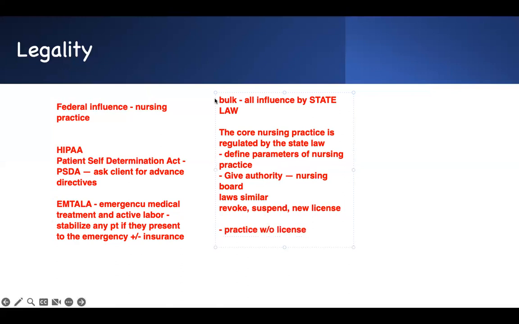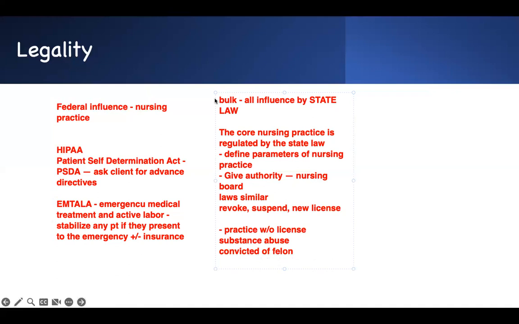If you're involved in substance abuse, you are in trouble. If you are convicted of a felony, you are in trouble.